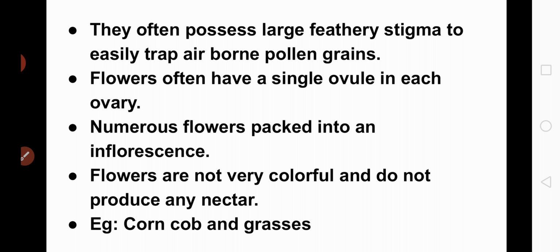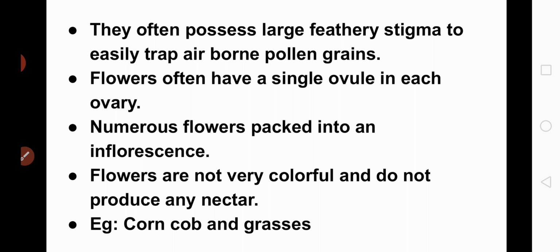Once again, I'll repeat the points. The pollen grains are lighter in weight and non-sticky. The plant possesses well exposed stamens, so that the pollen is easily carried by the wind. The plant possesses large feathery stigma to easily trap the pollen grains.